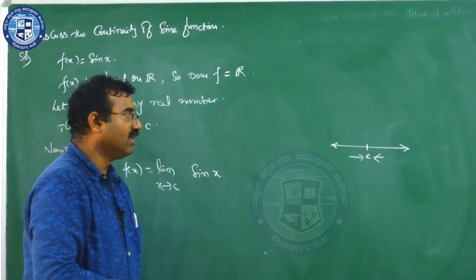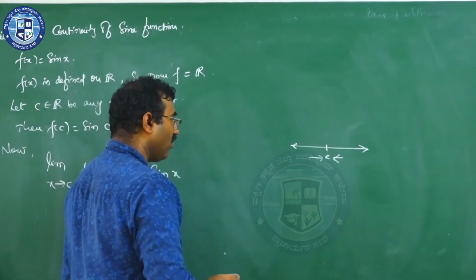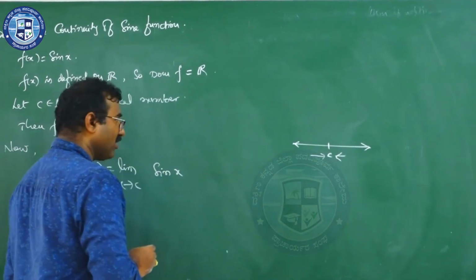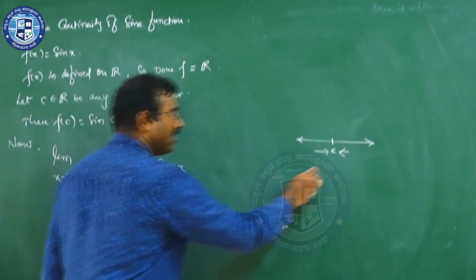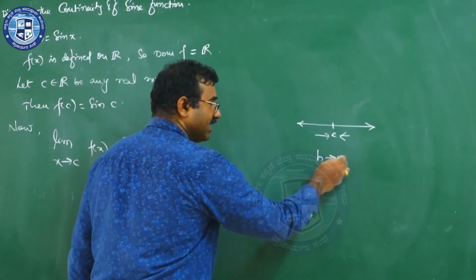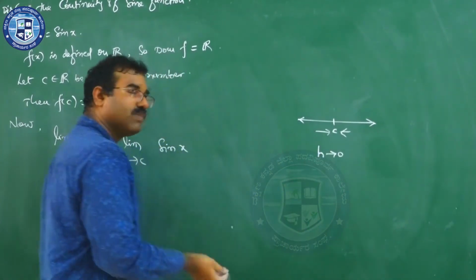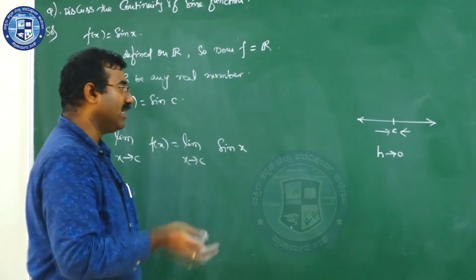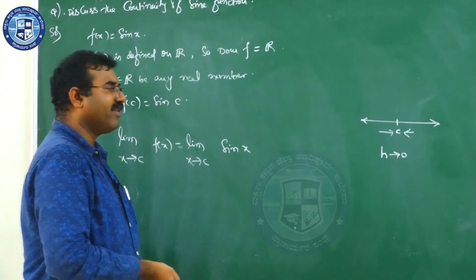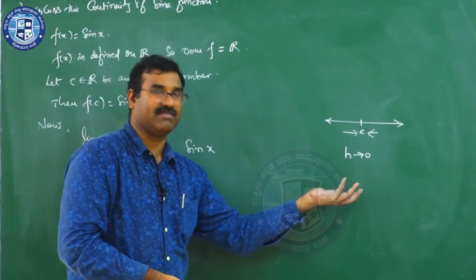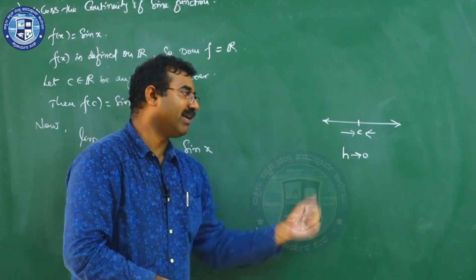Instead of doing this, I take x equal to c plus h, where h is a small positive quantity, and h is tending to 0. It may be a small negative value also, no problem. h is coming close to 0.